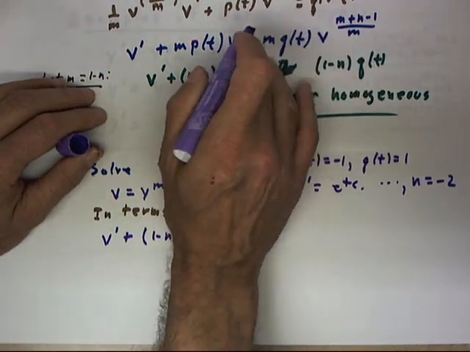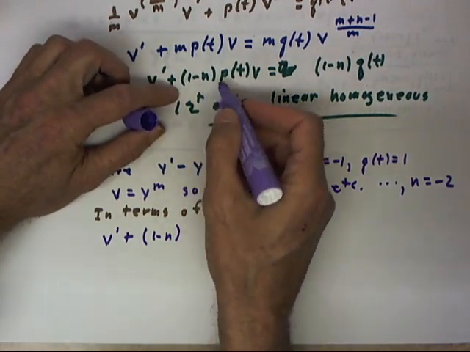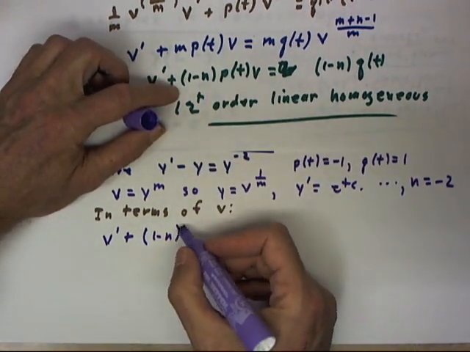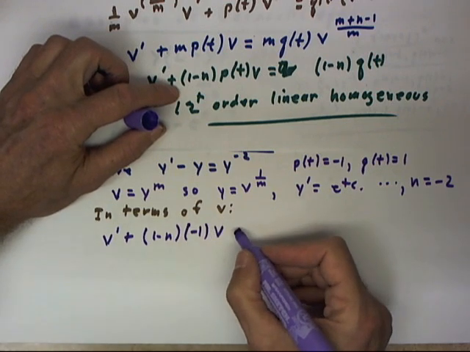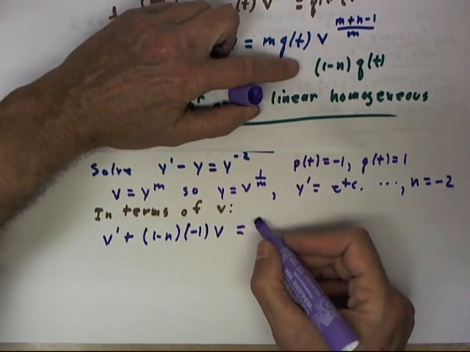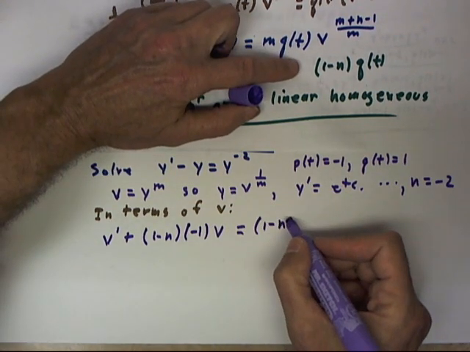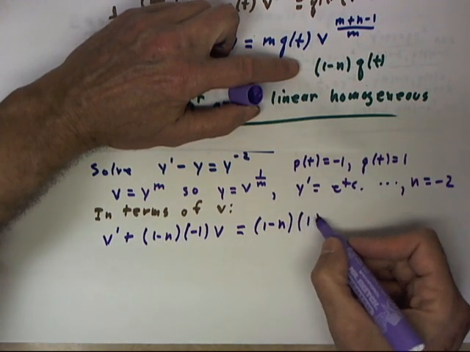Okay, so now we can substitute back here. So we've got 1 minus n times p of t, which is in this case negative 1, times v, equals 1 minus n times q of t, which is 1.